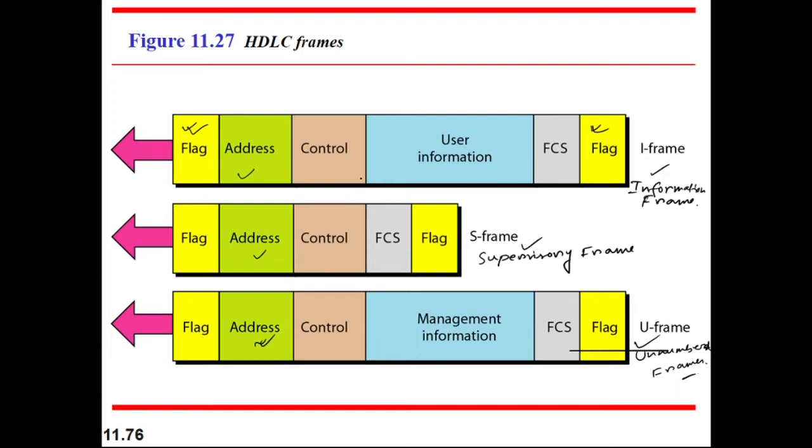This is the control field. It holds the control information and relates to user data, and that is actually piggybacking. Control information means the sender is sending a frame along with the sequence number, the frame number, and the next frame it needs to send.